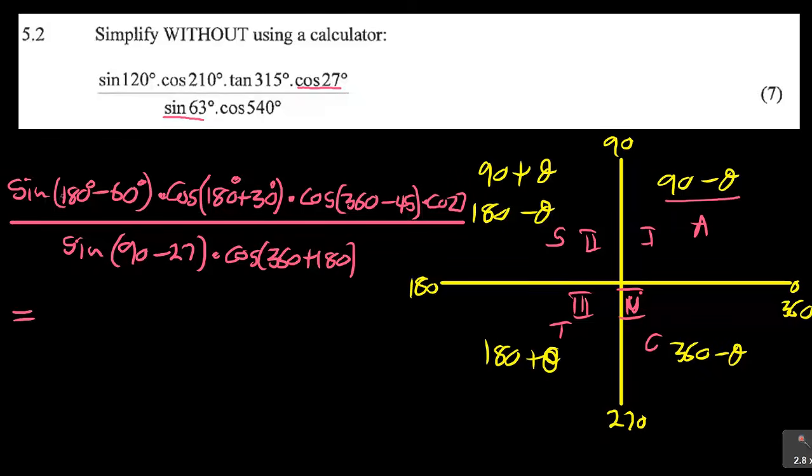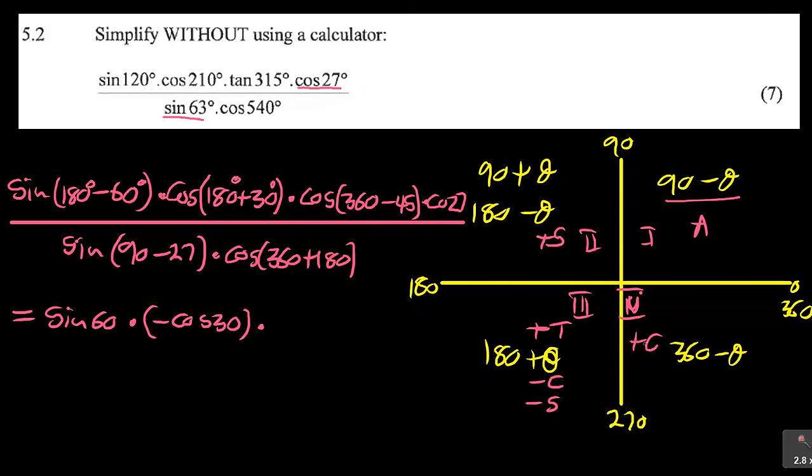Then this is equal to, now you simplify it, sine 180 minus 60. Sine is positive here, so it's sine 60 times cos 180 plus 30. Cos is negative and sine is negative here, so it will be negative cos 30, times, and the next one is cos 360 minus 45.